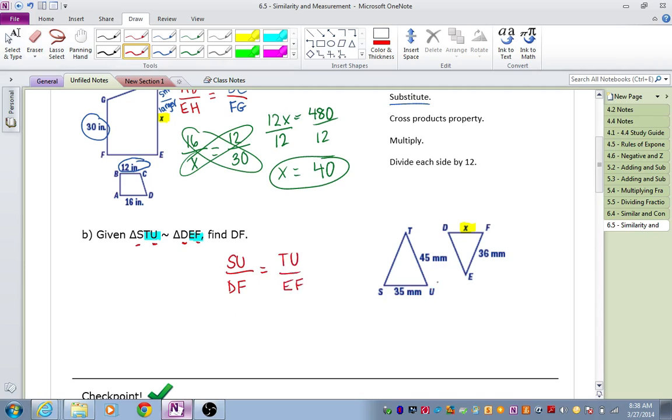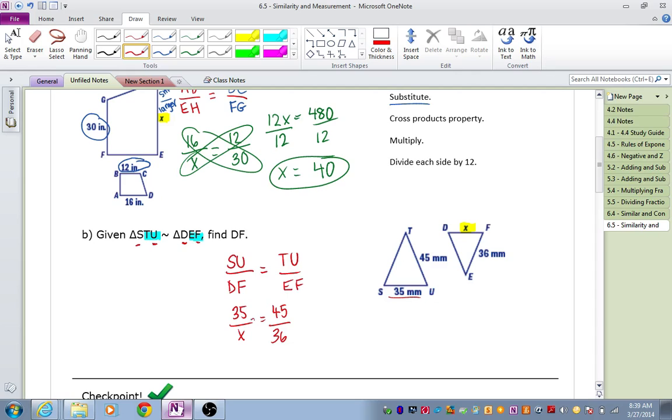So we plug in our numbers. SU is 35, DF is x, TU is 45, and EF is 36. Okay, at this point you could always use your calculator.